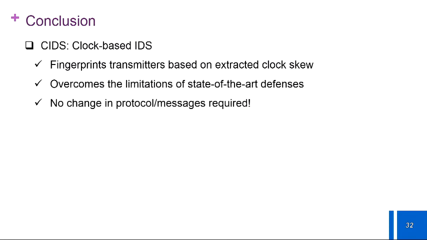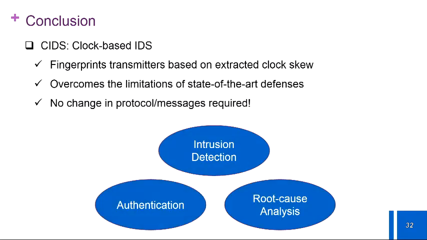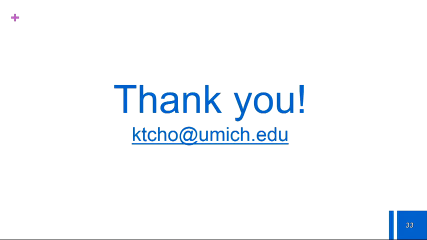And most importantly, we didn't require any change in the protocol or message itself. So we believe this is one good merit for this kind of approach. Although our talk was more focused on intrusion detection and a bit on root cause analysis, we believe these kinds of schemes can be applied for authentication schemes and all other schemes that you can imagine. Thank you.